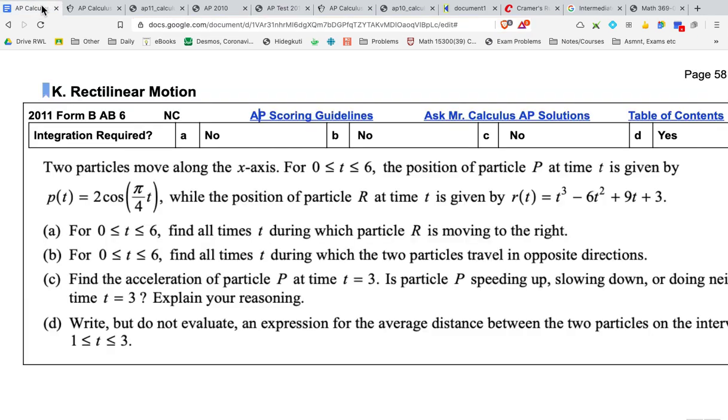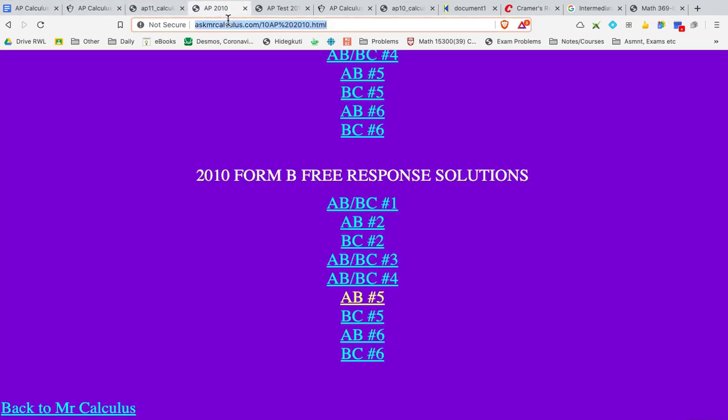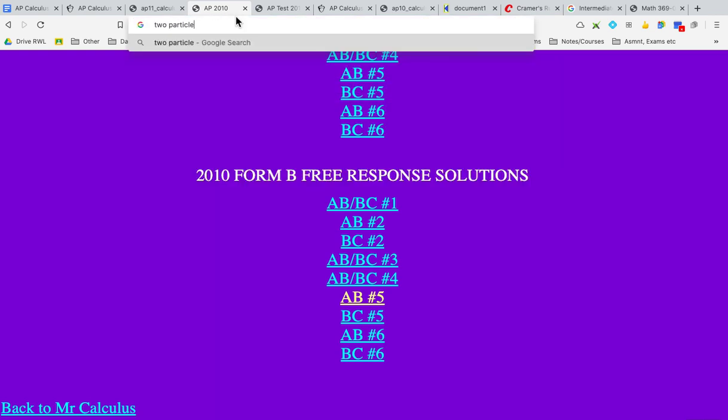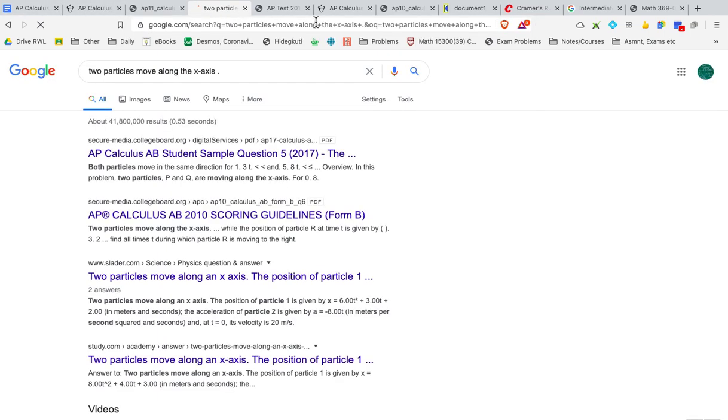So just go on to here and take a look at what it says. For this one, it says two particles move along the x-axis. So this is actually interesting. Now there's probably a lot of AP questions that start that way, so I'll hit that to begin with, and then I'm going to add to it.